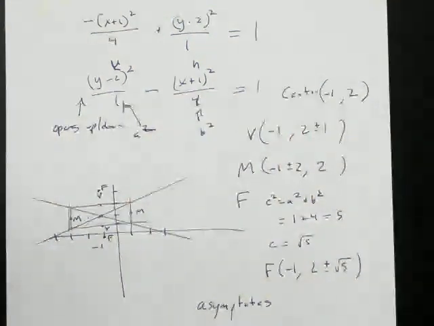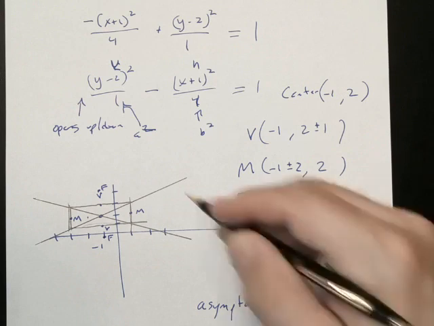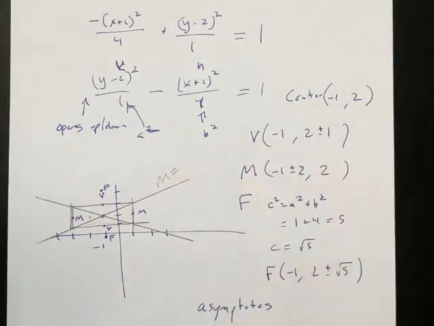There are my asymptotes. What is the slope of this line? The asymptote going from lower left to upper right. How do you know?